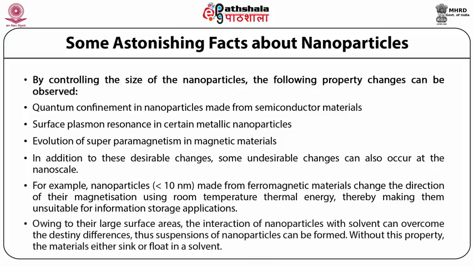Owing to their large surface areas, the interaction of nanoparticles with solvent can overcome the density differences. Thus, suspensions of nanoparticles can be formed. Without this property, the materials either sink or float in a solvent.